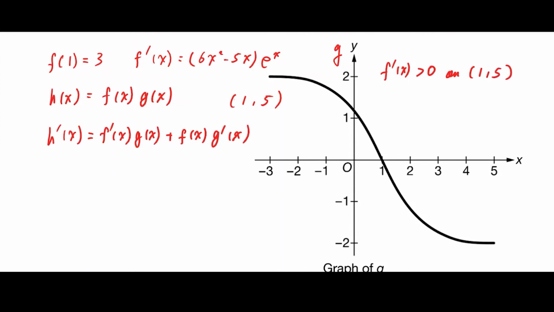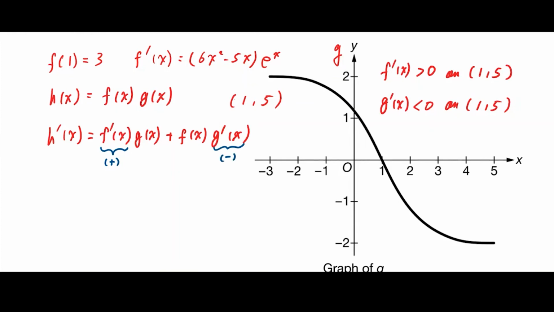Now, what about g? G prime of x. G is decreasing from here to here, right? Which tells you g prime of x is negative on this same interval. So far, so good. Okay, so that's nice. So this is positive, right? And then we know this is negative.